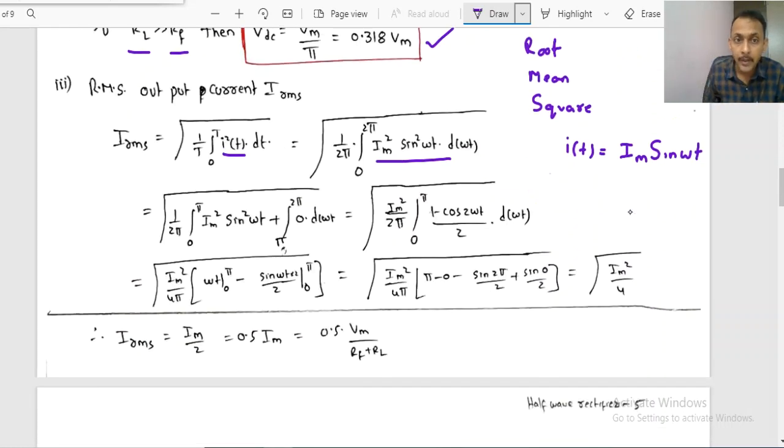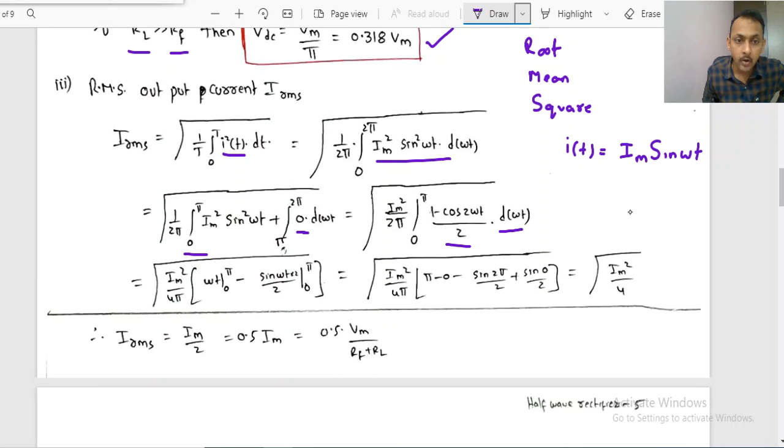From our trigonometric basics, again we will split this 0 to 2π into two parts. One is within the limits 0 to π, where the magnitude is there, but from π to 2π there is no current, it is 0. So here the integration is only within the limits 0 to π. Sin squared θ can be written as (1 minus cos 2θ) by 2, so (1 minus cos 2ωt) by 2 with respect to ωt.